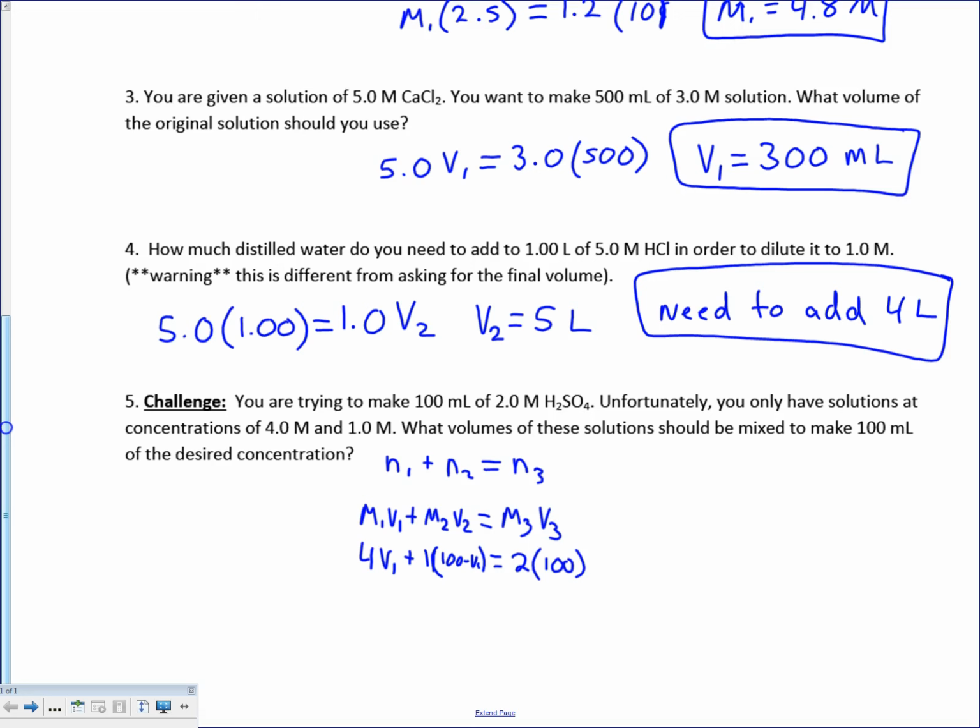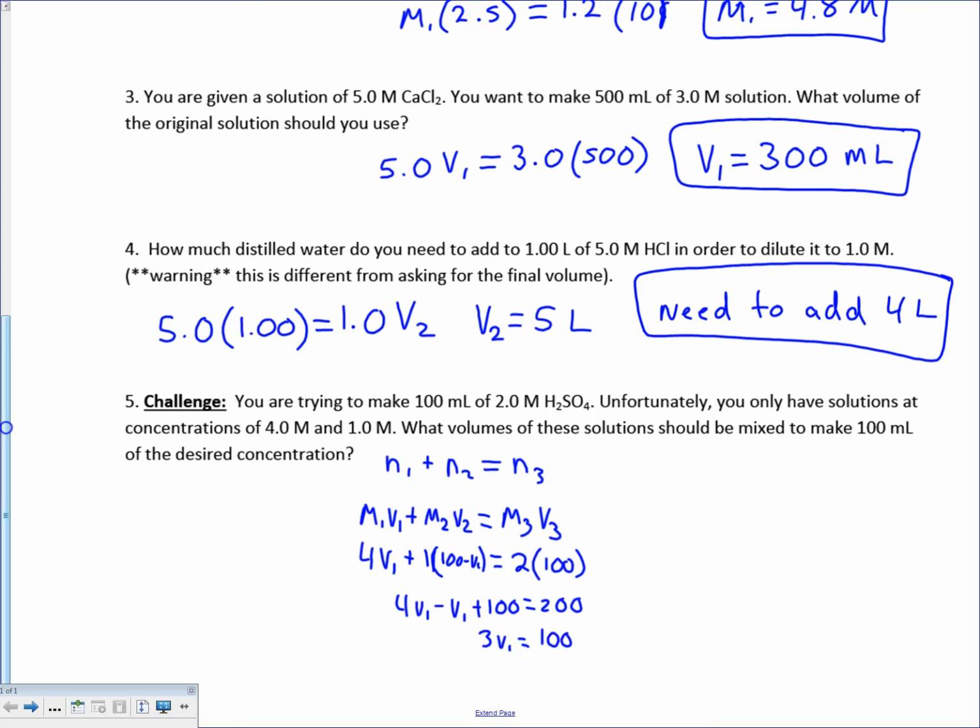Then we can simplify that. I get 4V1 minus V1 plus 100 equals 200. That simplifies even further down into 3V1 equals 100.